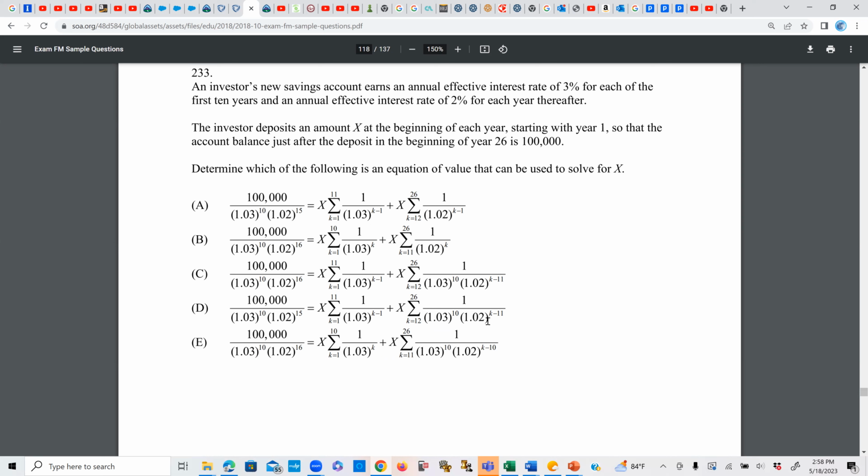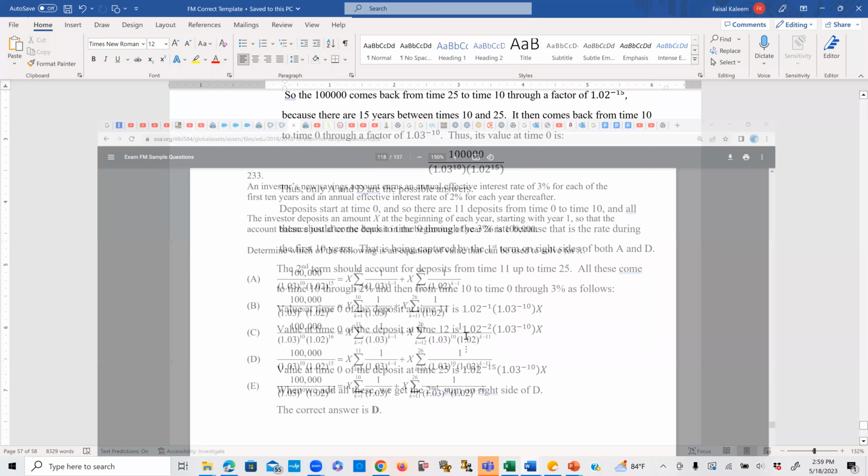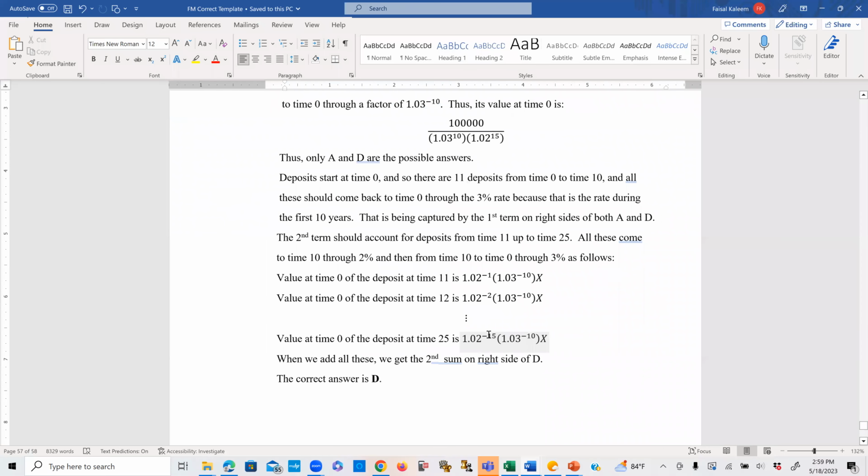And then if we open up the k's, when k is 12, this is one factor of 1.02 in the denominator, and up to when k is 26, 26 minus 11 is 15, so that's 15 factors. And if we go back there, this is what we are summing up. The last factor is 15 and the first factor is 1, if you write it in the numerator. So now we know absolutely that it's choice D.